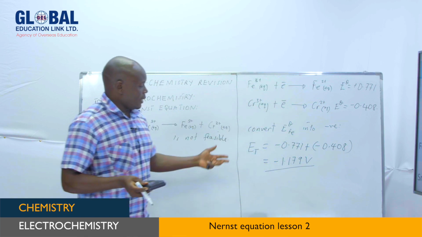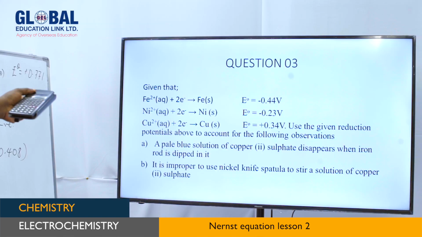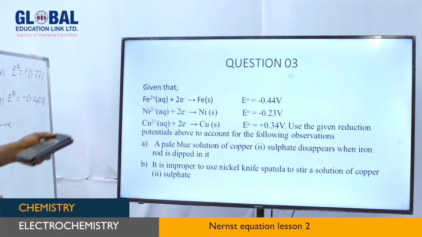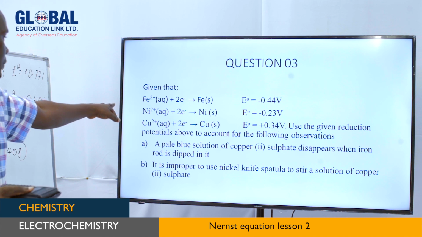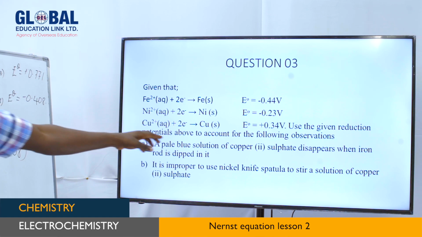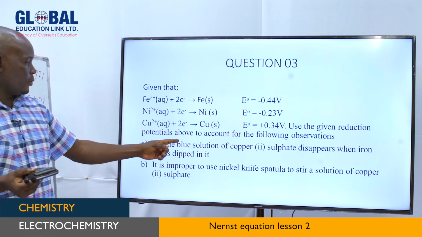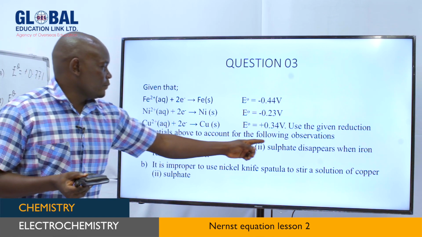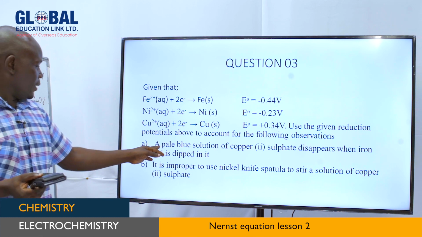From there, I will now give you some assignments. The second question is this one: you are given iron 2, those redox reactions 1, 2, 3, and from those data you are asked to use the given reduction potentials to account for the following observations.